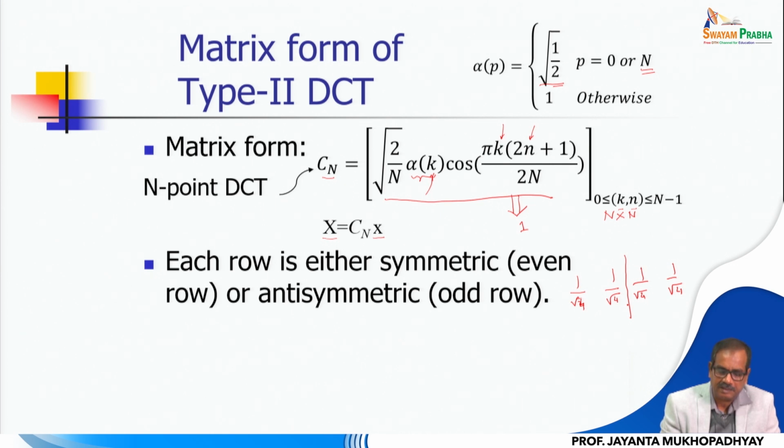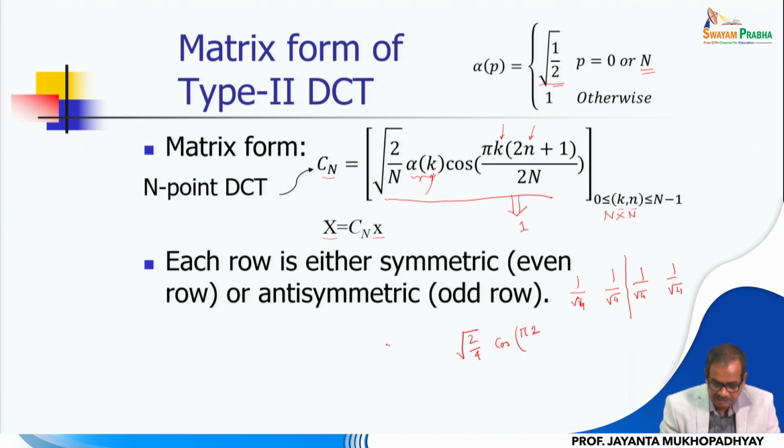again the alternate rows, they are antisymmetric, which means in some cases, for example, for 4-point DCT, if I put k equal to 1, the value would be root over 2 by 4, that is a 4-point DCT. So, n equal to 4, then cos of pi.